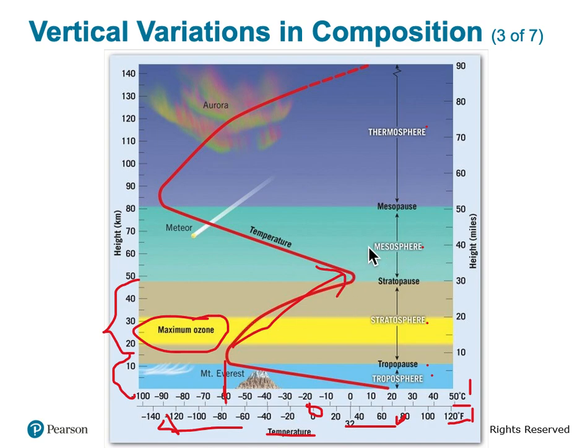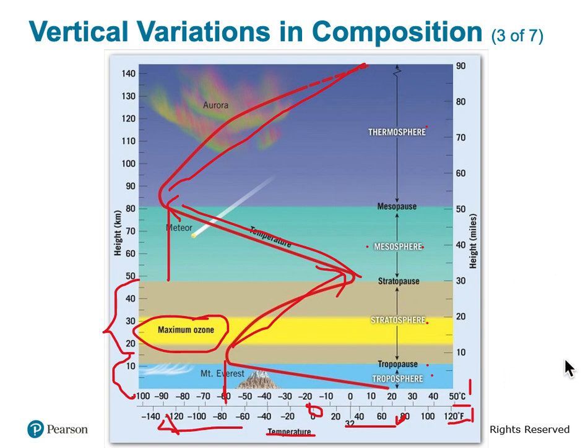And then with our third layer, the mesosphere, temperature is decreasing, and at the mesopause it is negative 120 degrees. And then in the thermosphere, the temperature is increasing.